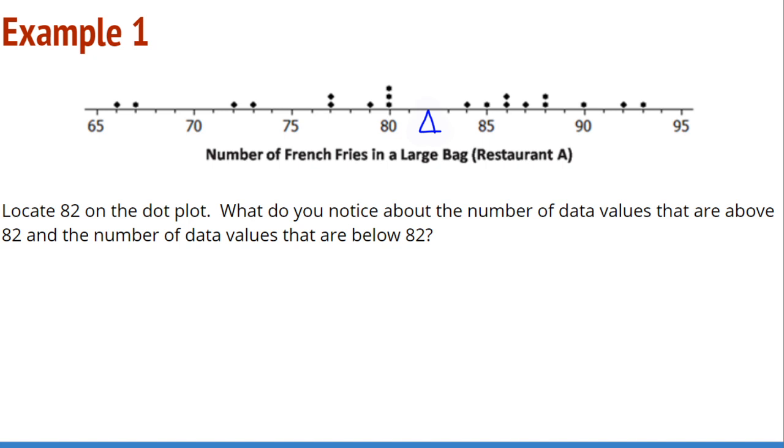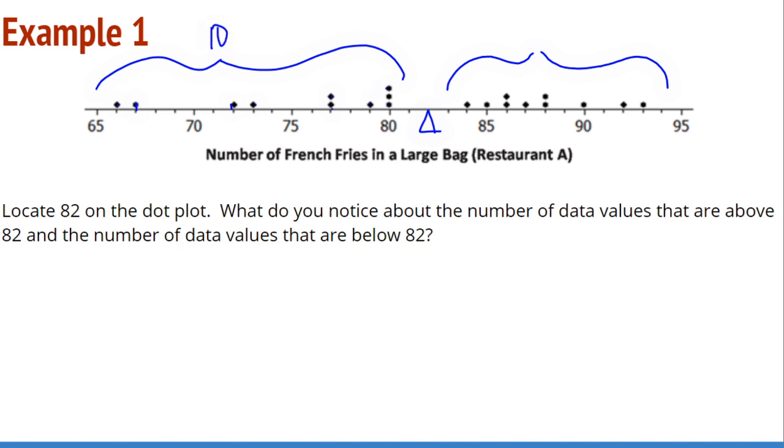So what do we notice about the data values that are above 82 and are below 82? So taking a look here, what do we see? And taking a look here, what do we see? What observations can you make? Well, let's see, I've got 1, 2, 3, 4, 5, 6, 7, 8, 9, 10 on this side. And I've got 1, 2, 3, 4, 5, 6, 7, 8, 9, 10 on this side.